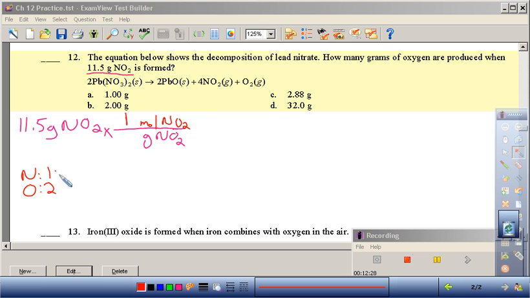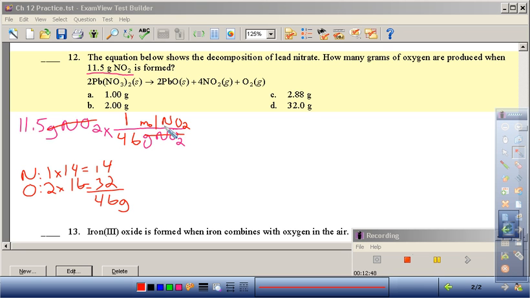That's my formula. Go to my periodic table, I look up nitrogen. And I go to my periodic table and I look up oxygen. And I add them together. That's my molar mass. My mass of 1 mole. Cross off my units that are the same.